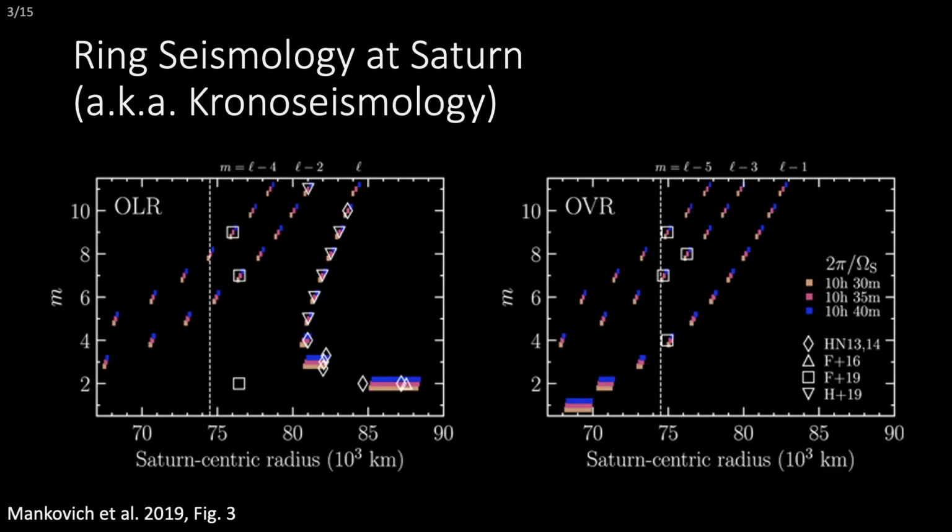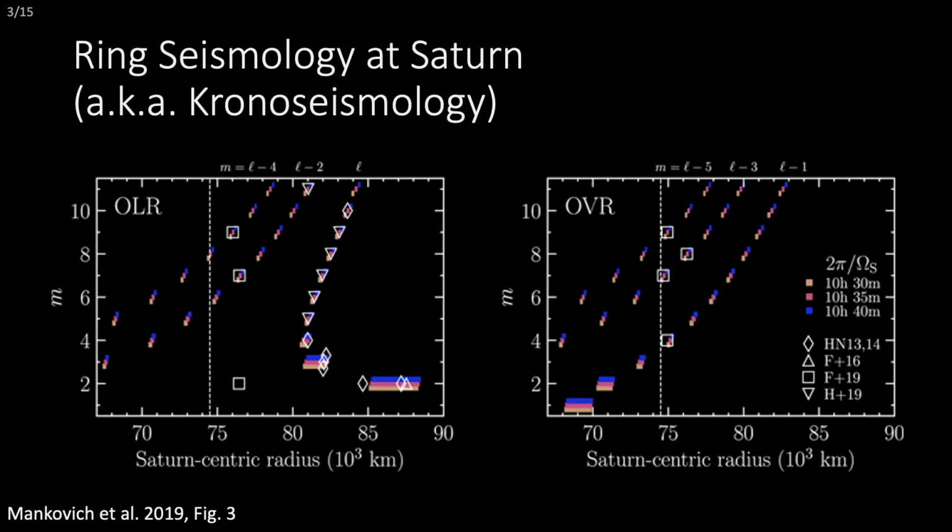The normal mode's azimuthal order M, which also corresponds to the number of spiral arms, is the vertical axis, and distance from Saturn's center is the horizontal axis. The left plot shows outer Lindblad resonances, and the right plot shows outer vertical resonances.